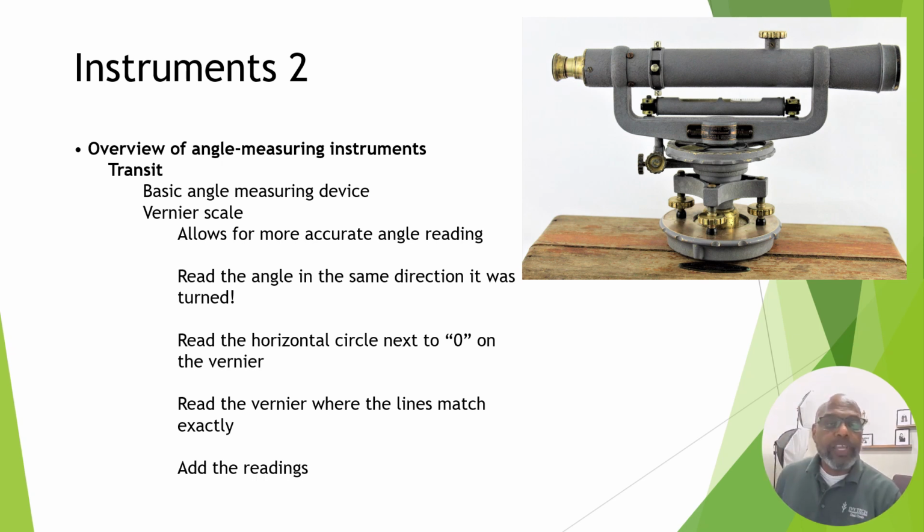So again, as we look at this, there are many parts here. We see that it's designed to be accurate. They read angles in the same direction as they turn. They can read the horizontal circle, but they read the vernier where the lines match exactly, and that is the scale. That's the scale on the transit, or the scope.